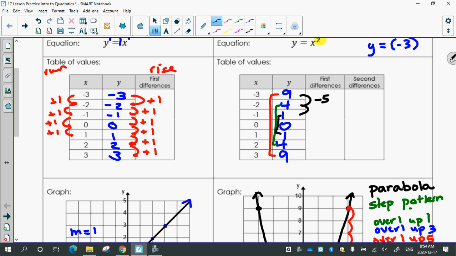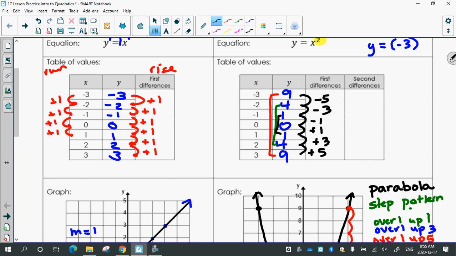To get from 4 to 1, I go down 3. To get from 1 to 0, I go down 1. To go from 0 to 1, I go up 1. To go from 1 to 4, I go up 3. And to go from 4 to 9, I go up 5.